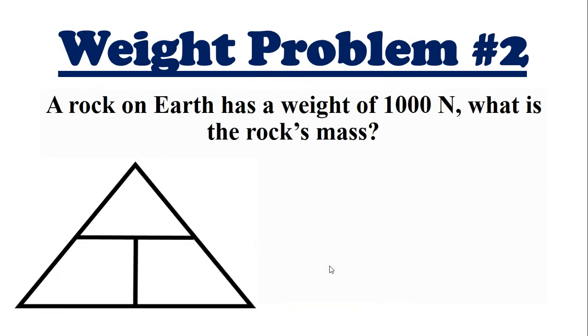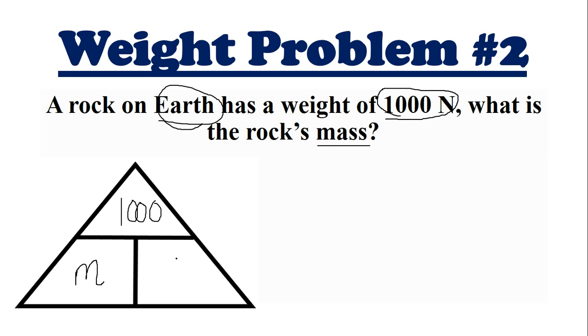All right, let's do another problem. It says a rock on Earth has a weight of 1,000 newtons. What is the rock's mass? So what are we trying to find in this problem? We're trying to find mass, and we're using the weight formula, so we're going to leave the m in the formula. At the top goes our weight. Our weight is 1,000 newtons. At the bottom is gravity.